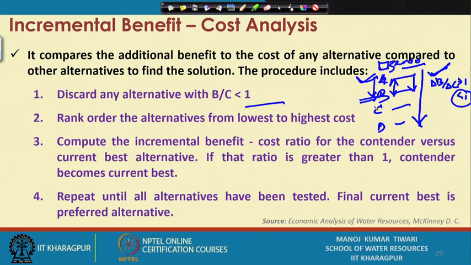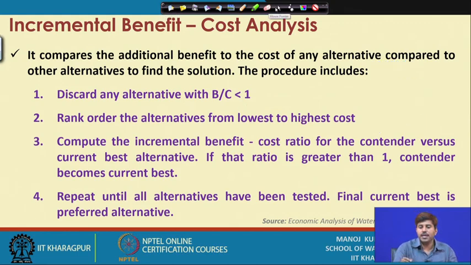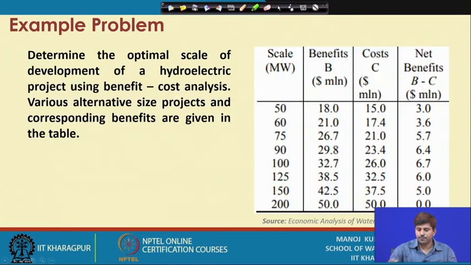So, that is how it is done, which is called incremental benefit cost analysis, because the benefit costs are being estimated based on the incremental benefits and incremental cost for any alternatives. This will be more clear with a practice problem.